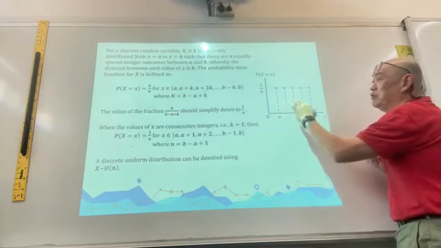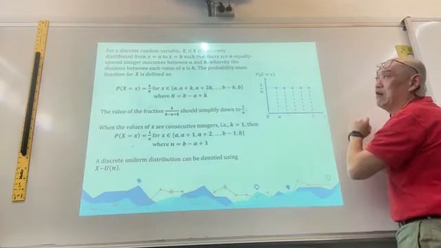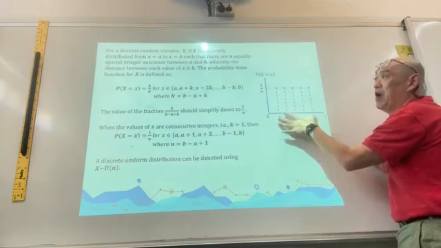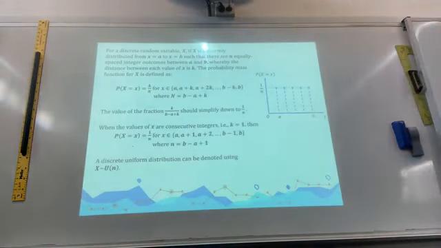So there's 1, 2, 3, 4, 4 equally spaced integer outcomes between a and b, whereby the distance between each value of x is k. So what you really think about is the distance between here. That's k. That is k. K, and that's k. Alright?